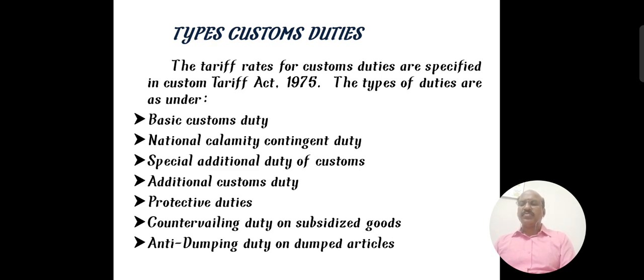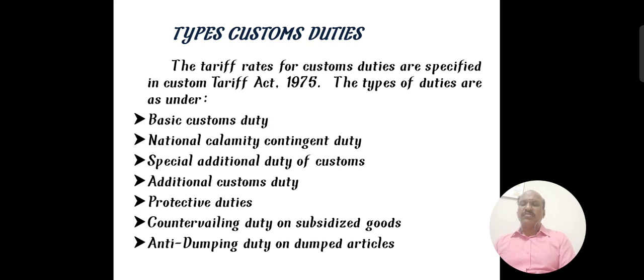This is also apart from the normal basic duty. They have levied additional duty for some purposes. Then protective duty, in order to protect the local industries. For example, if they want to protect the IT industries, they have to tax more on the importing services of IT industries. So that is a protective duty.